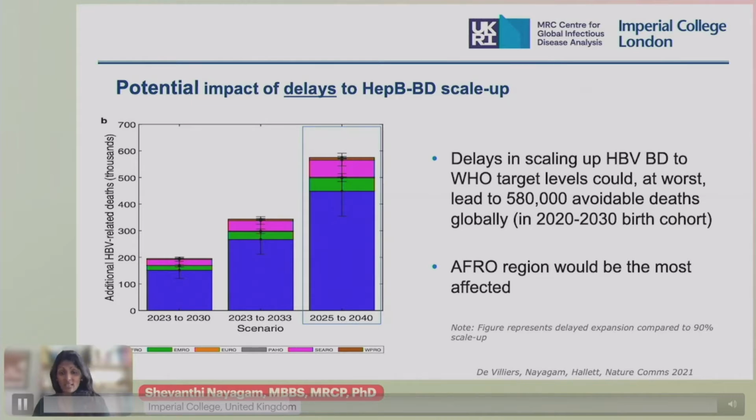And at worst, this could lead to 580,000 avoidable deaths globally in the 2020 to 2030 birth cohort. So really, this is a theoretical representation of what health losses we can have by just delaying scale up of birth dose vaccination.